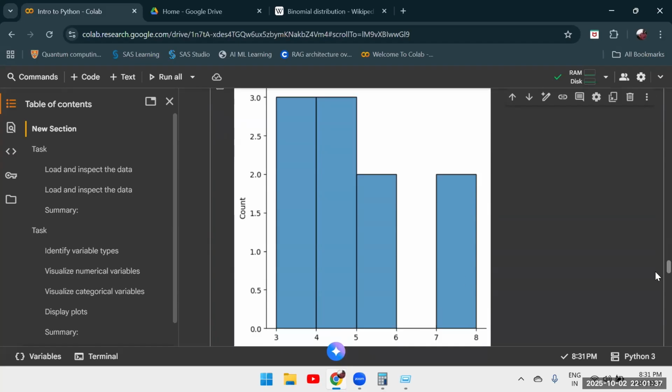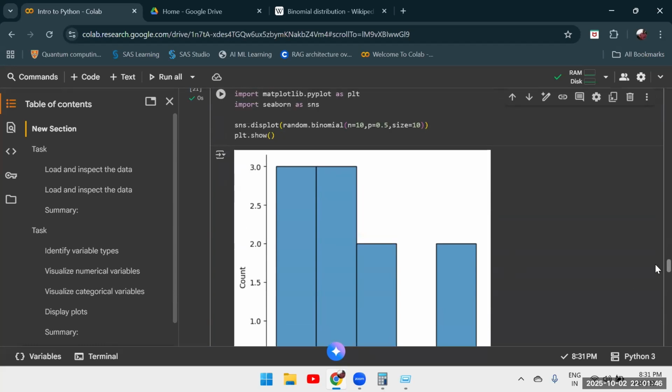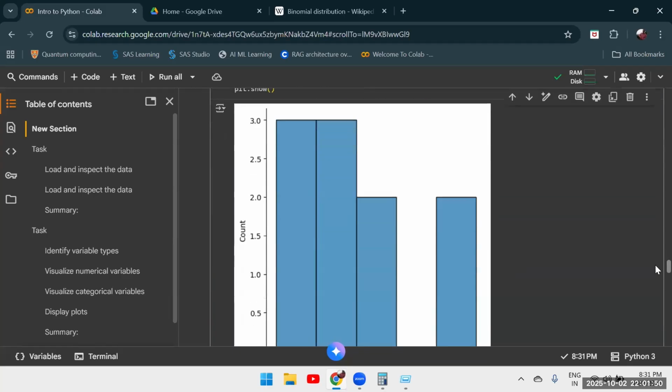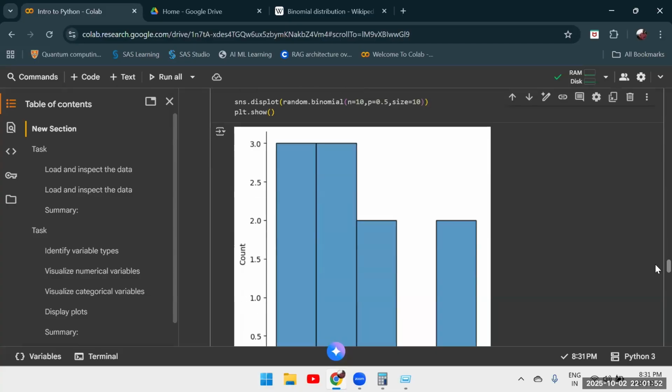How many bars? 1, 2, 3, 4. At least 4 out of 10 times I'm able to get a positive outcome is what my coin toss is saying.